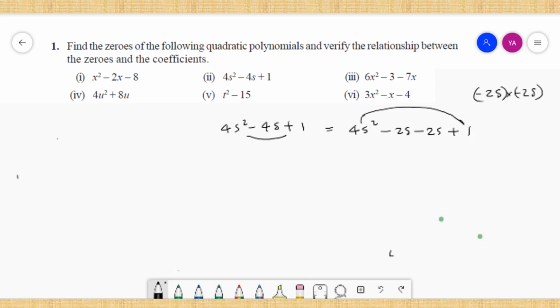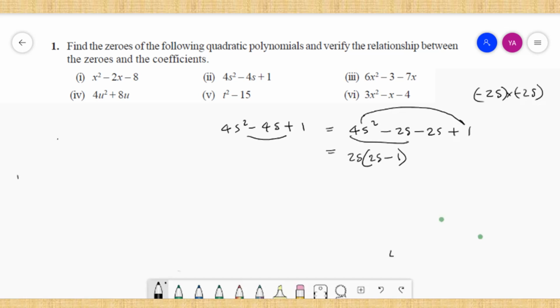In the next step you can take 2s common outside the bracket from the first two terms. If you take 2s outside, what will be inside? 2s minus 1. Then here 2s plus 1 appears, so we want to change the sign.